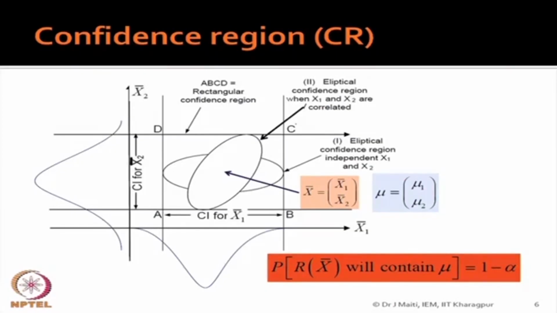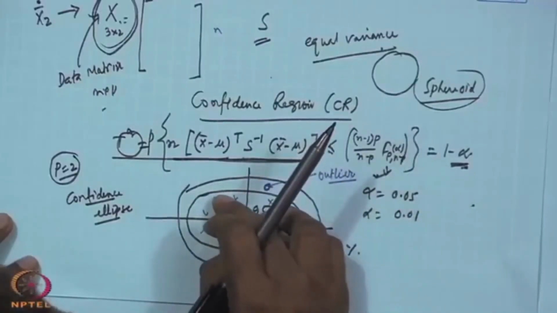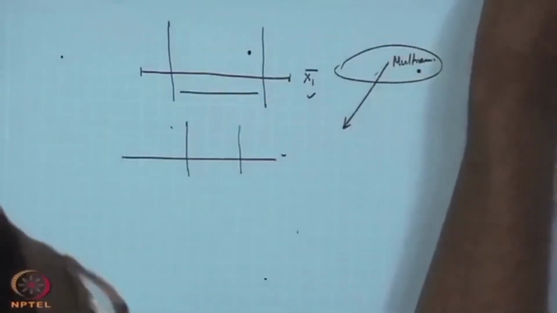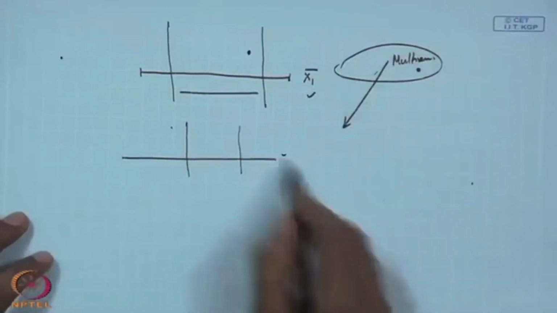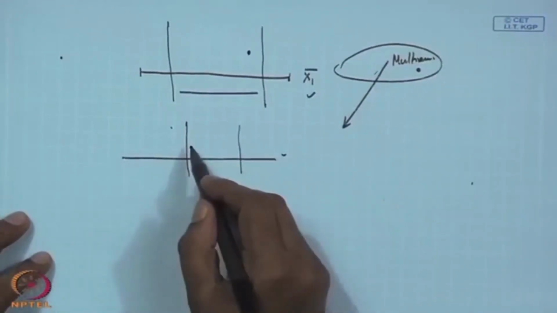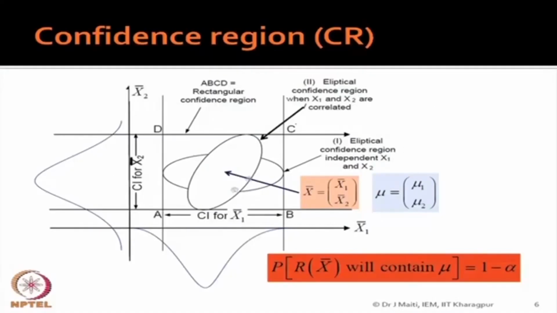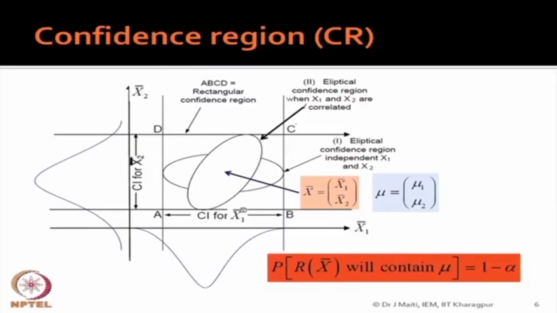The problem with this confidence ellipse is manifold. What is this? You are getting a region, but you cannot make a decision based on this region. You only say that okay, it is an outlier. For example, it may so happen that the point is here, which is an outlier or out of control.